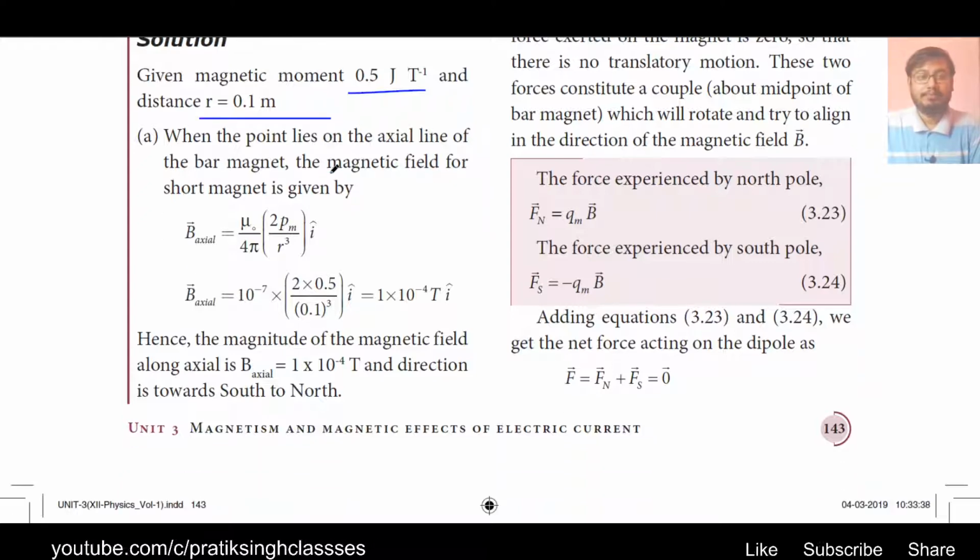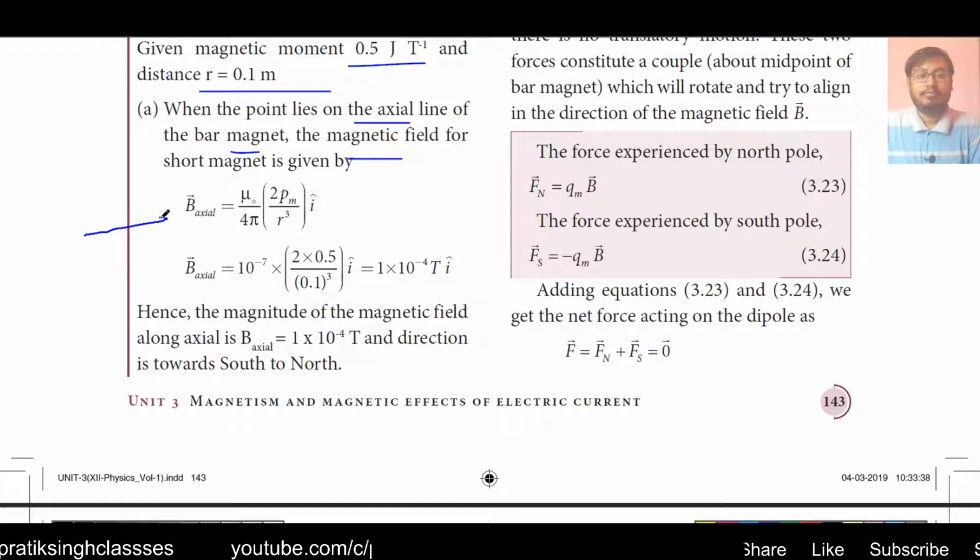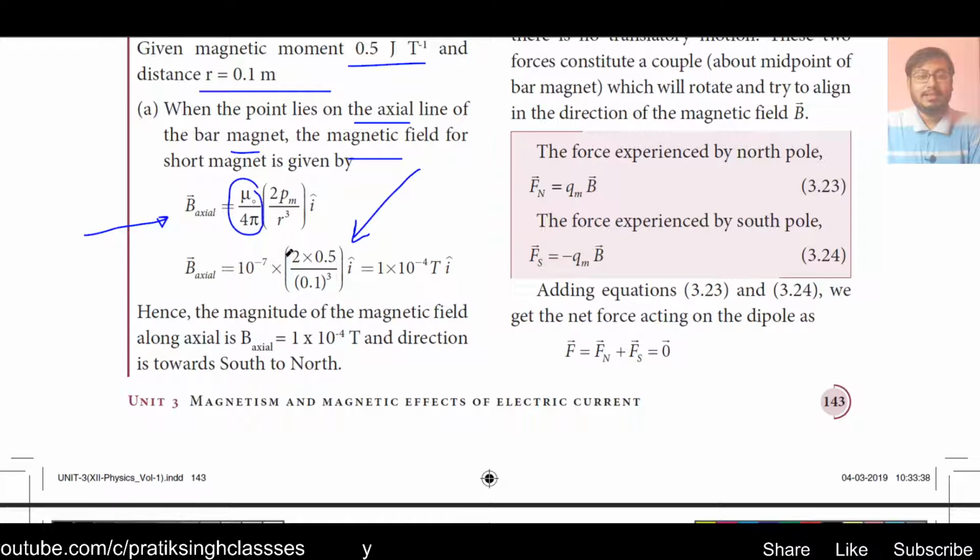So here it is given the magnetic moment is 0.5 joule per Tesla and the distance of the point is 0.1 meter. When the point lies on the axial line of the bar magnet, the magnetic field will be given by vector B axial is equal to mu naught by 4 pi into 2 Pm by r cube into I cap. So just substitute the values. Mu naught by 4 pi is 10 to the power minus 7. Then 2 into Pm value is 0.5 by r cube.